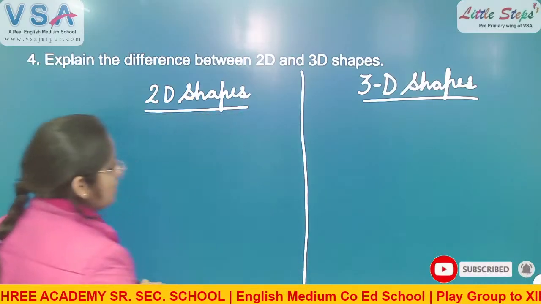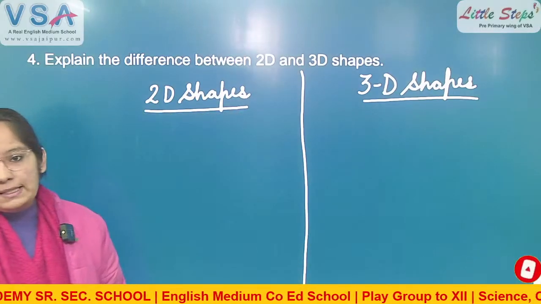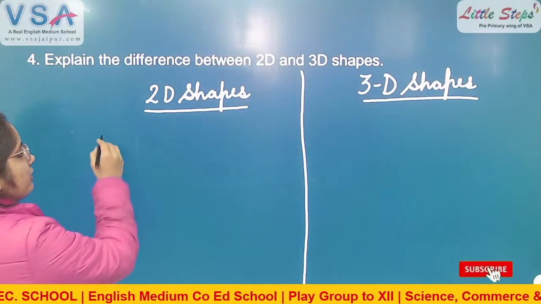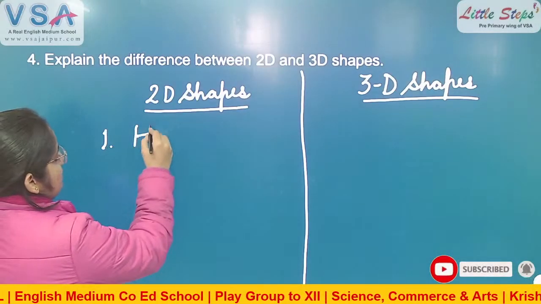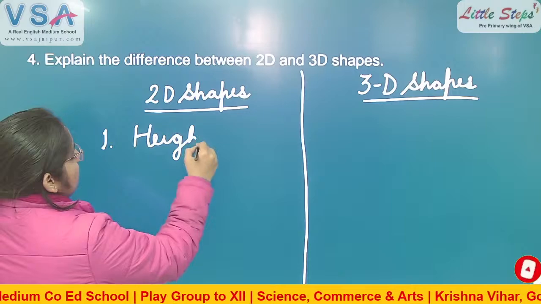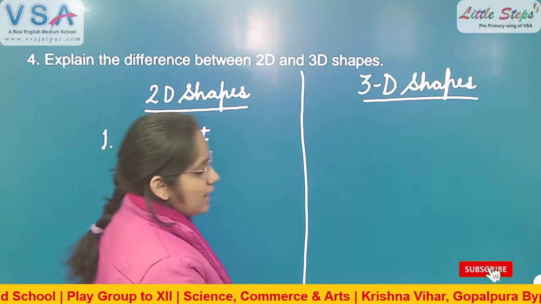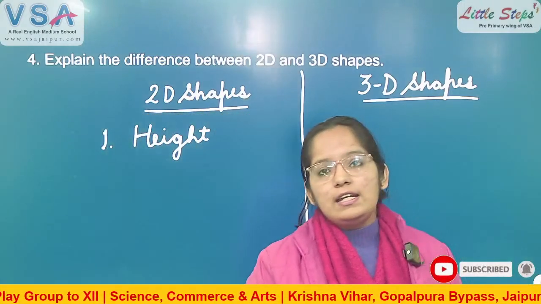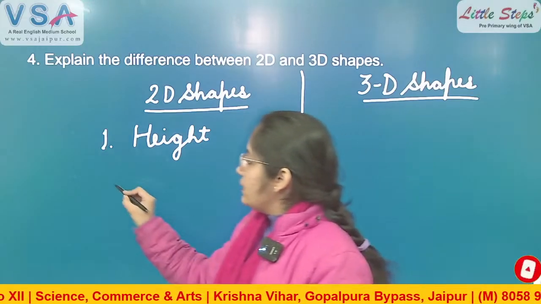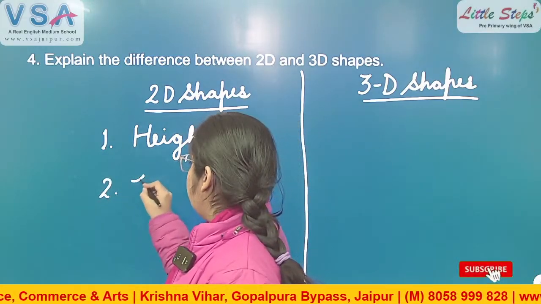When we make a difference between 2D shape and 3D shape, first it's the difference of height. There is no height in a 2D shape and there is height in a 3D shape. Right. Second will be their existence in real life.